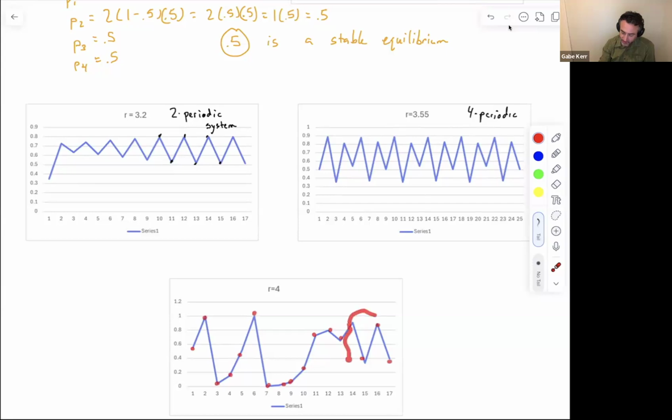Maybe here you might think it's starting to repeat, but if I plot it out even more, it starts going wacky again. So at r equaling 4, it turns out you don't have any periodic behavior. Here, what you would have is something known as chaotic behavior.